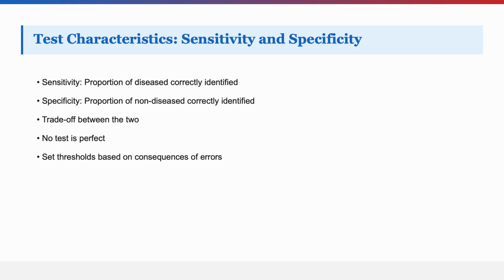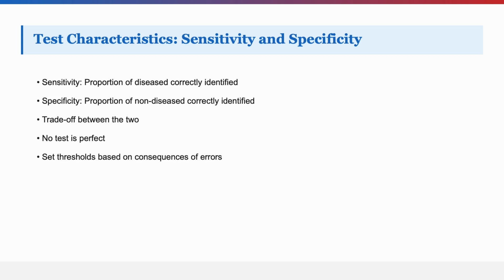There's usually a trade-off. If you lower the threshold for a positive test, you catch more disease, higher sensitivity, but generate more false positives, lower specificity. If you raise the threshold, you miss more disease but have fewer false alarms. No test is perfect. Even excellent tests misclassify some people.